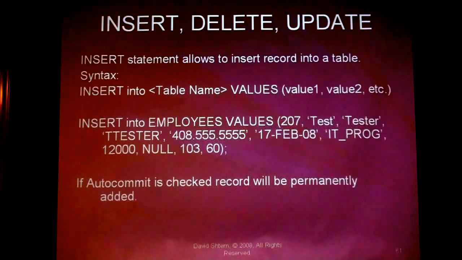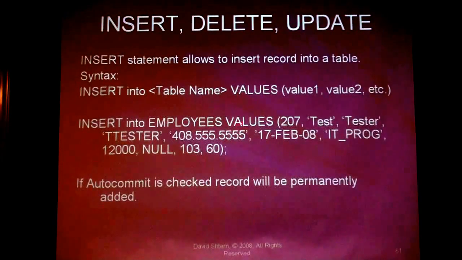Now, the statement looks like this: insert into. This is how the syntax is, and then we specify the table, and then we use the keyword values. Okay, so the statement will be like this: insert into employees values, and then we list values, and these values will go into the appropriate fields.